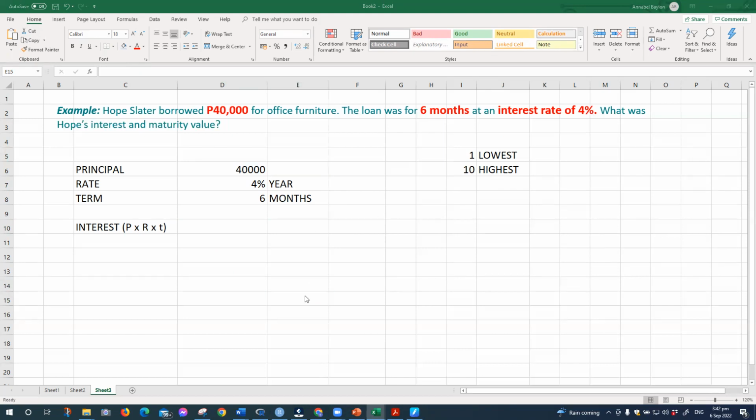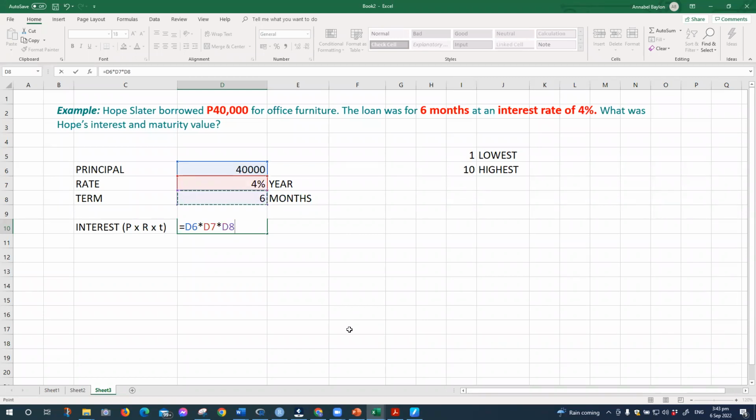What we usually use here is this one multiplied by 4% multiplied by this one. Isn't that wrong? When we multiply that, you're using a rate that's annual and a term that's monthly.